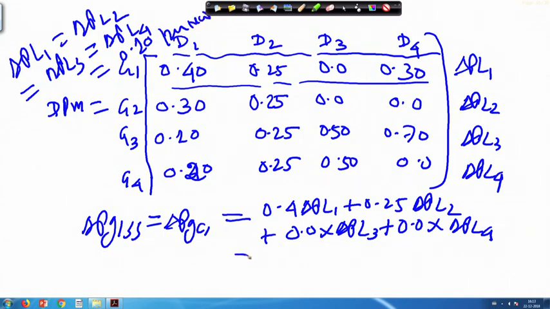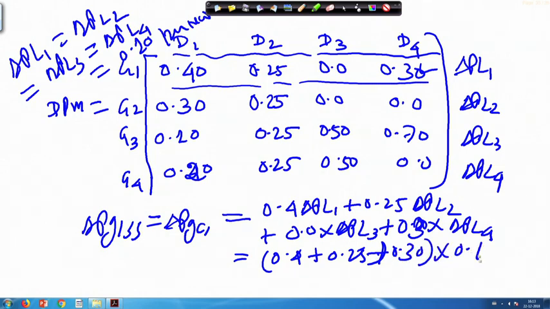Therefore, this will be 0.4 plus 0.25, that is actually 0.30, plus 0.30 into 0.1. So, that will come to 0.095 per unit megawatt.